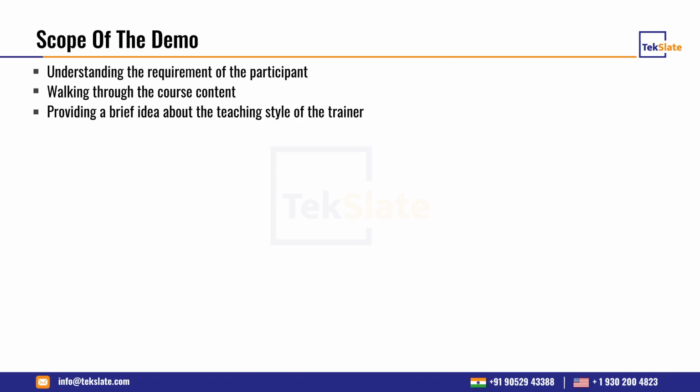After grasping all these things, I can proceed with my training. I'll be gathering all the information about the participant, like what technologies he knows, what his expectations of the training are, in what duration he wants to finish the training, and what his current situation is to attend the training.